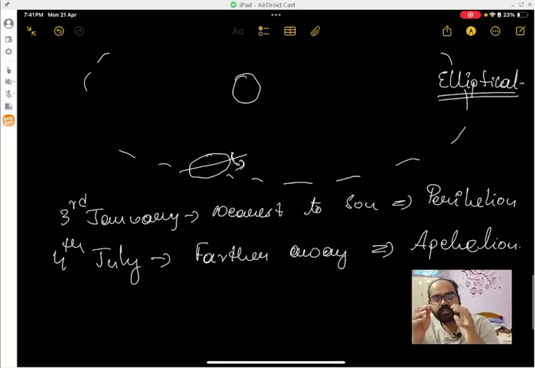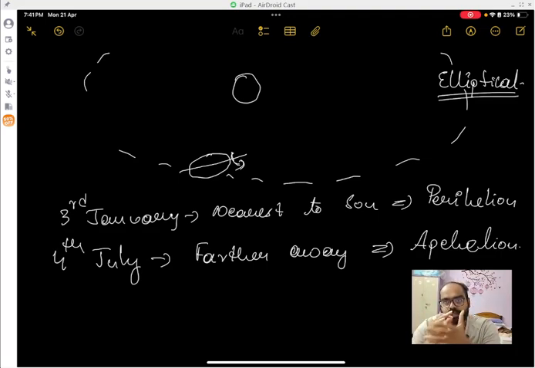So from this we can say that annually, on one day Earth receives maximum sunlight, that is on 3rd January, and on 4th of July Earth receives very little sunlight, that is aphelion.